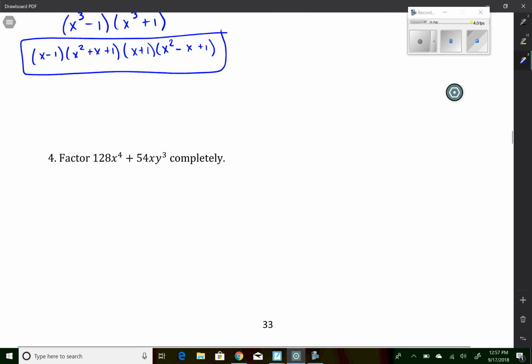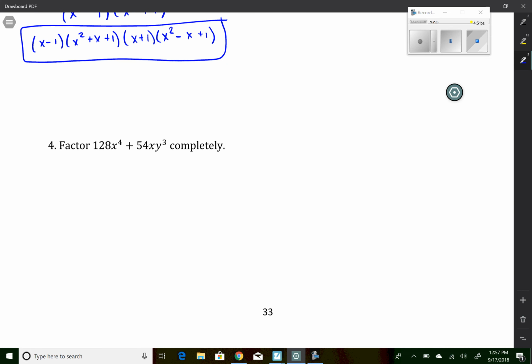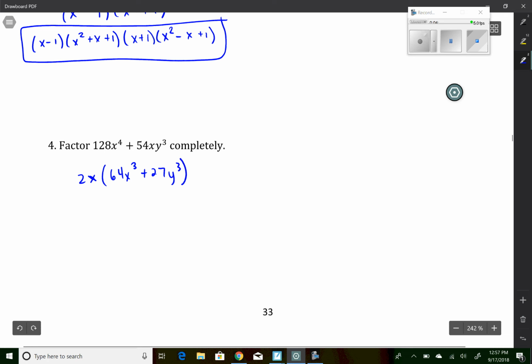Number four, I see a GCF. The GCF in this case is 2x, which is going to factor us out to a 64x cubed plus 27y cubed. Now, if you think about what's in that parentheses, you can say that there are certain things that are cubed to make those terms. So I can say 4x cubed plus 3y cubed.